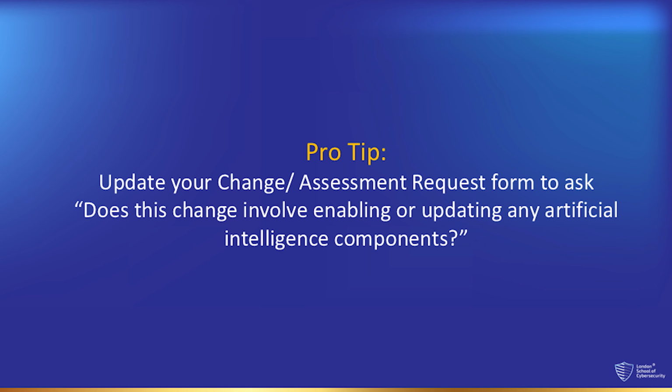But until then, this is a very simple way of starting to collect information about what tools or systems have an AI component. I'm hoping that most systems get onboarded or deployed with some kind of change request or assessment request. And maybe we should also ask procurement to ask the same question for systems that you're buying new or that are being renewed. So I would say start asking this basic question.